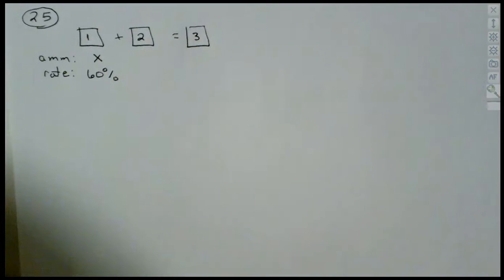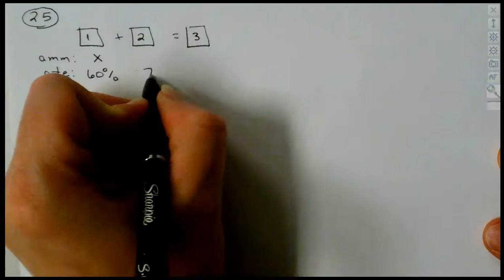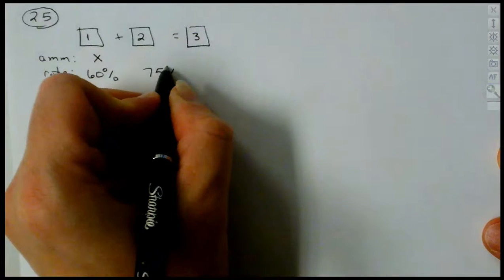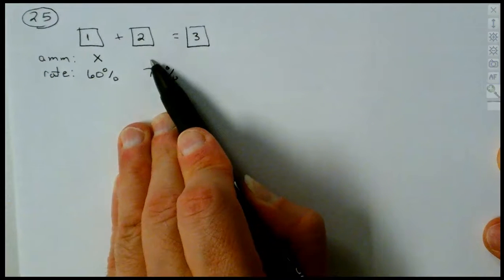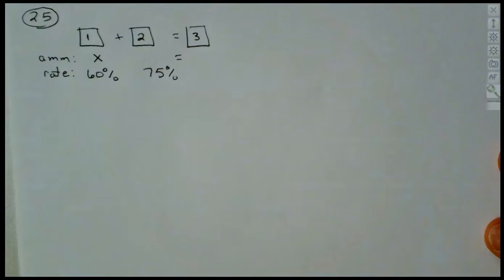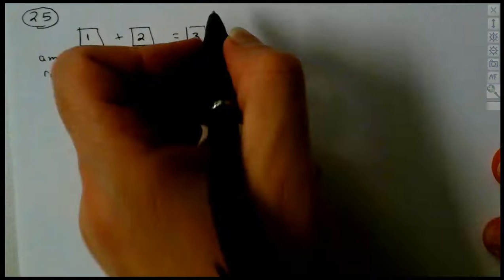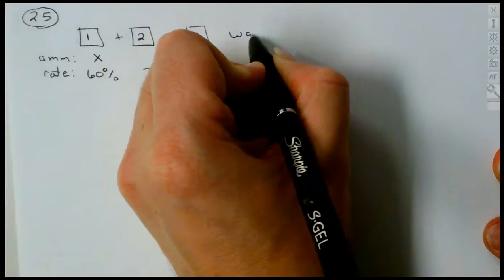We're then going to mix that with a 75% solution. And we'll come back to this box here in a moment. And we're going to mix these together. And this gives us, this is what we want at the end.